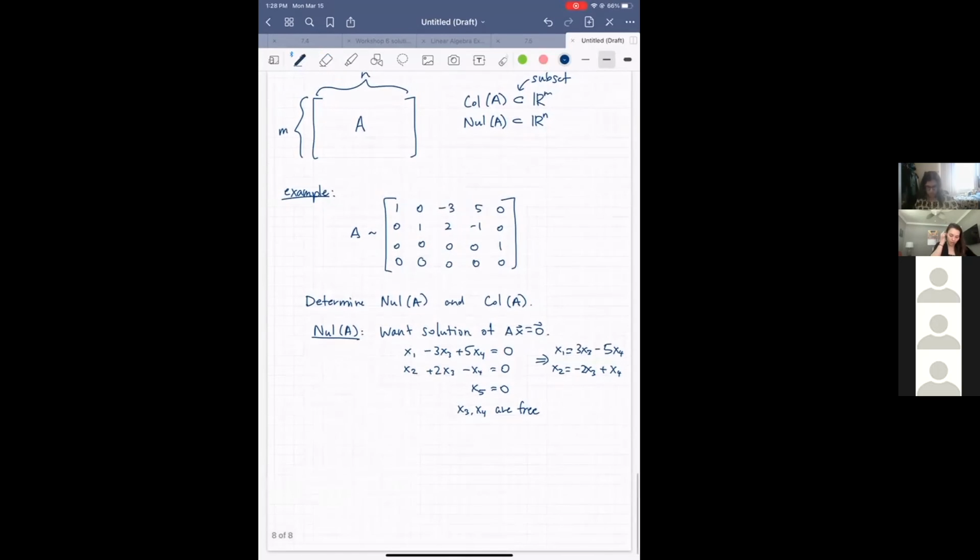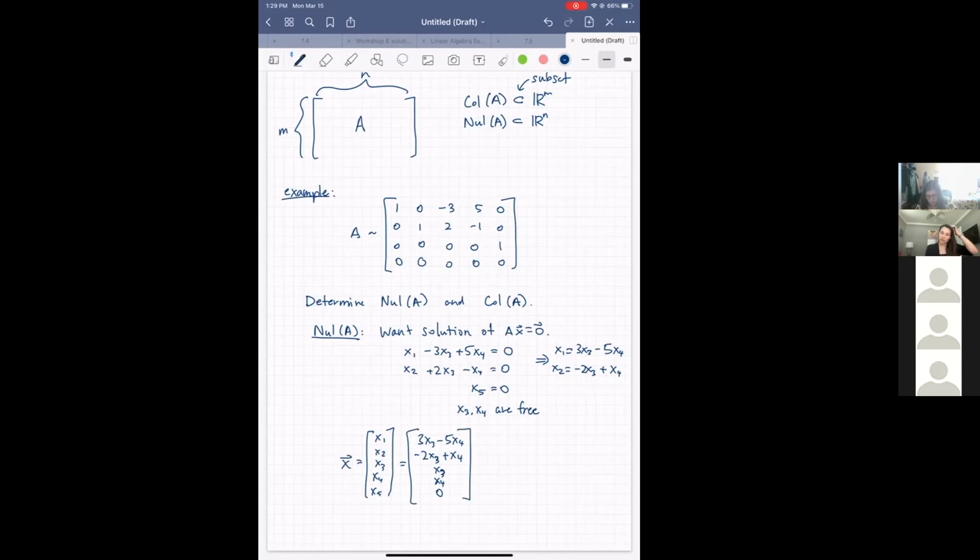And so to write down our general solution, X, just writing out each of the entries and replacing it, we get 3X3 minus 5X4. For X2, we get negative 2X3 plus X4. And then we have X3 and X4 are free variables, and X5 is always 0. So we just replace that with 0.